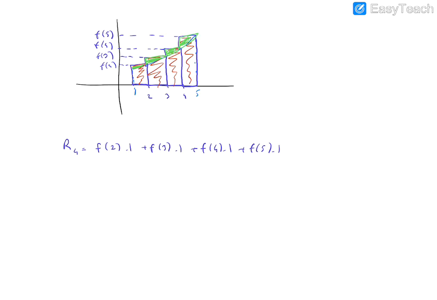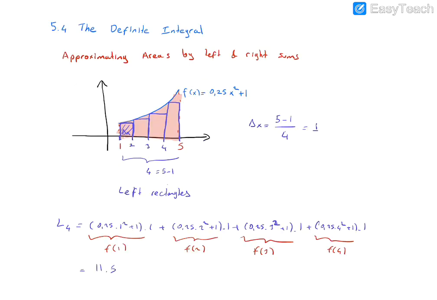Of course, the exact area is this area. But if the number of subintervals is sufficiently large, you can approximate the exact one. So here, this is a missing part. This is a missing part.